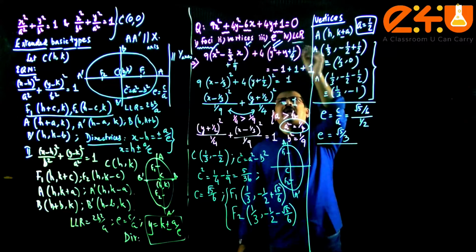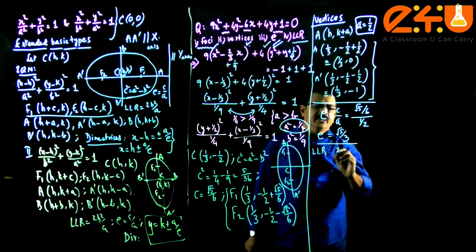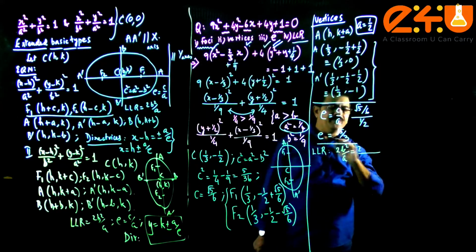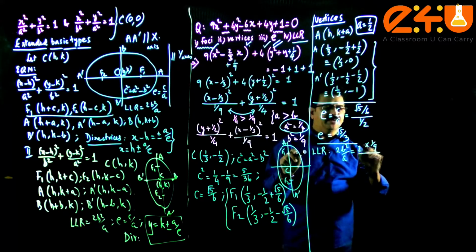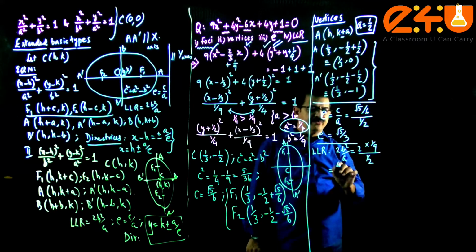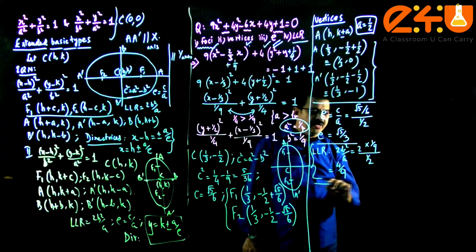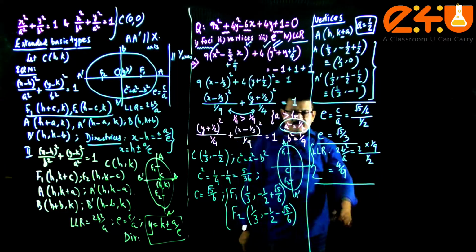Done. And we come to the length of latus rectum. The expression for that is twice b squared by a. B squared is already here for you, it is 1 by 9, and a value 1 by 2, so the answer will be 4 by 9. That is the length of latus rectum. So that is also completed.